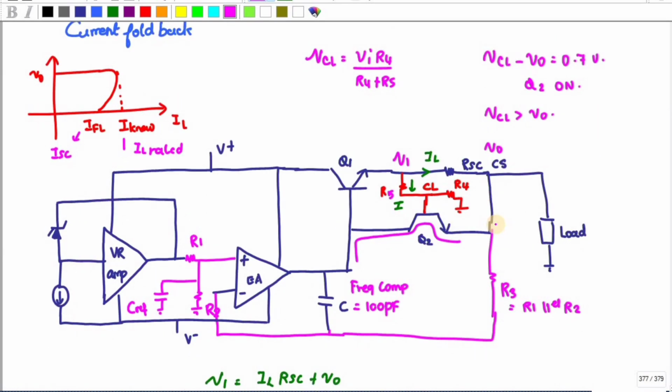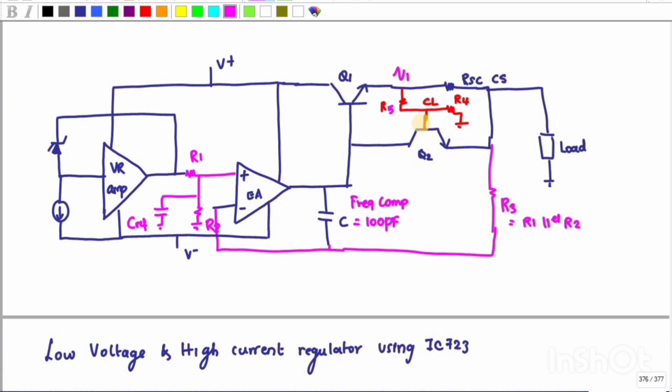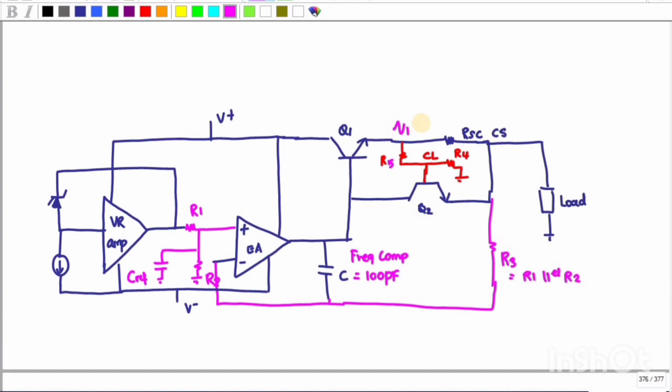If we look at the foldback current limiting circuit, now I have added two resistances, R5 and R4. If I assume the voltage at this point is V1, what is the voltage at VCL?